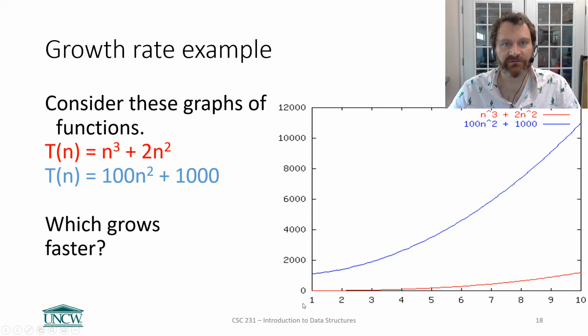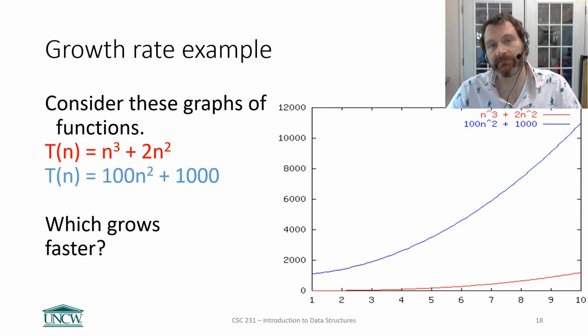That's our x, it's n. And then T(n) is the y-axis. So n^3 + 2n^2, that's the red line. 100n^2 + 1,000, that's the blue line. Okay, so the blue line is bigger, right?